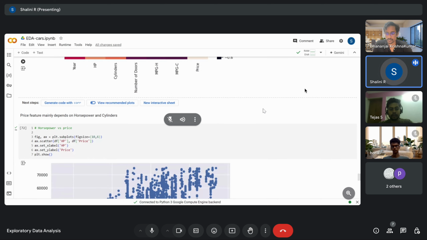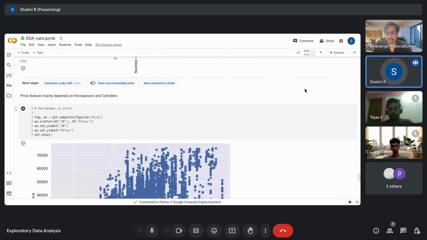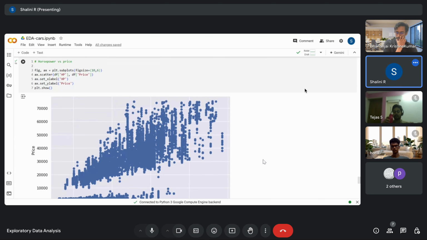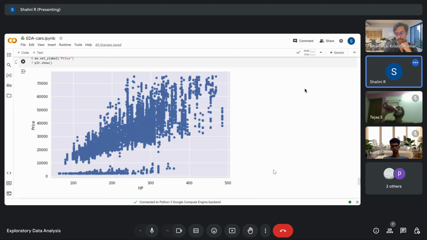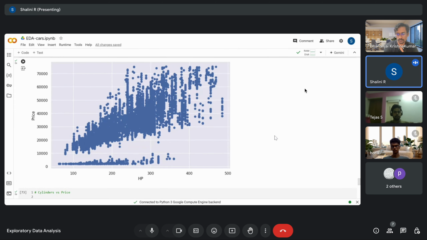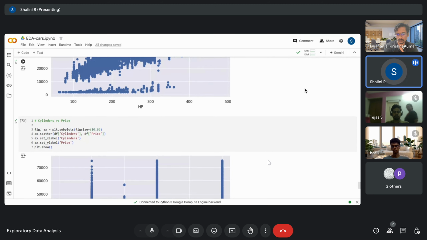And then I just tried using a scatter plot to compare horsepower versus price and cylinders versus price. These are simple charts only.